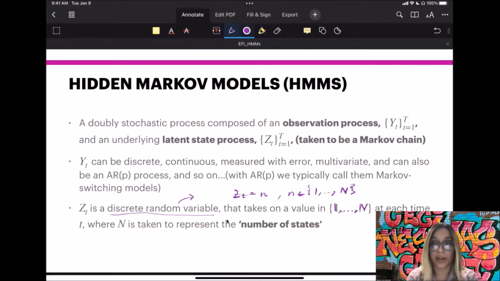So how many different latent processes are occurring in our time series or sequential data? Formally, in HMM literature, this is referred to as the number of states.